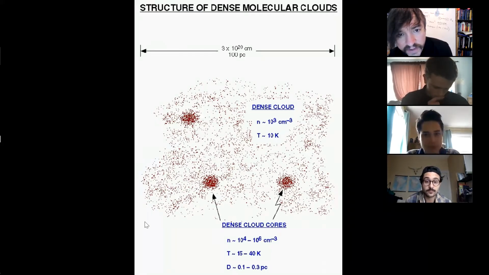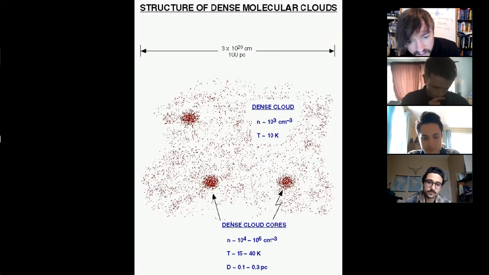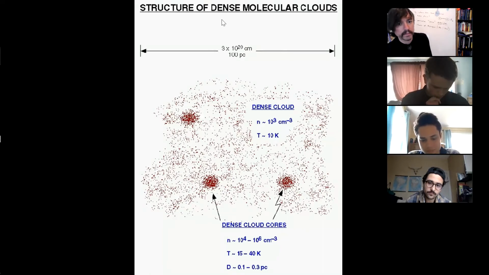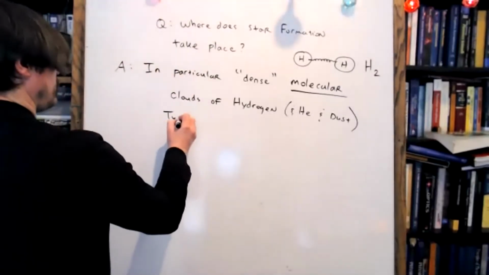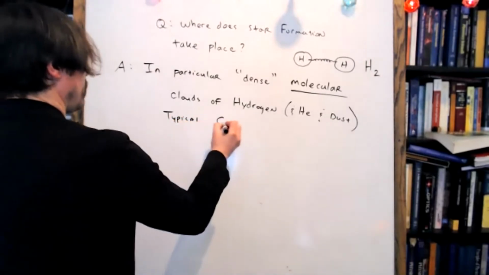And let's kind of recreate this. This is from a more advanced textbook than your textbook, where they kind of get into the nitty gritty. But we're going to want some of this data here. Let's make this model and let's try to get some of these numbers down. So, a typical GMC.